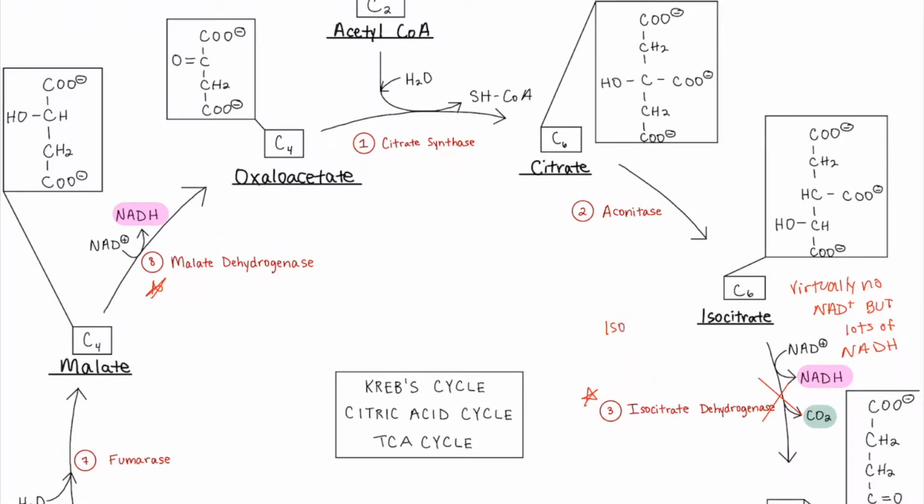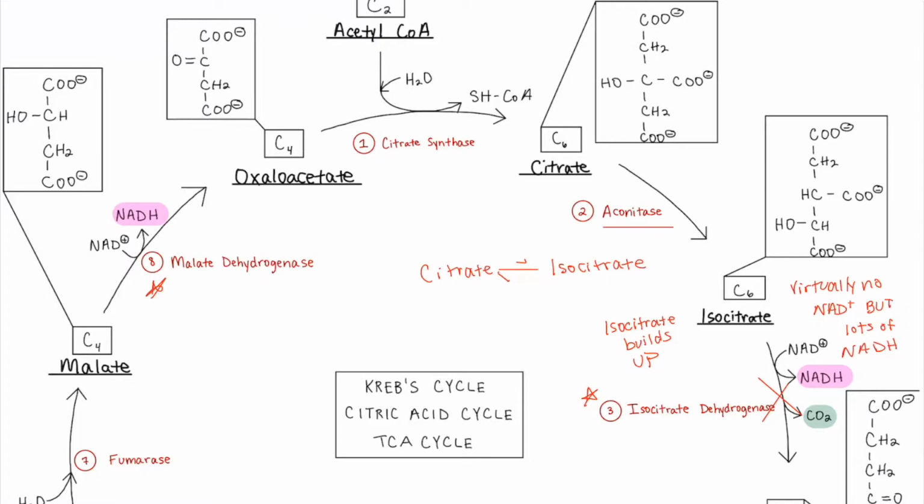Citrate is converted into isocitrate via the enzyme aconitase. What's interesting about this delta G is that it lies far to the left, so citrate to isocitrate favors citrate. When we have a buildup of isocitrate, this is going to go towards citrate, leading to a buildup of citrate.